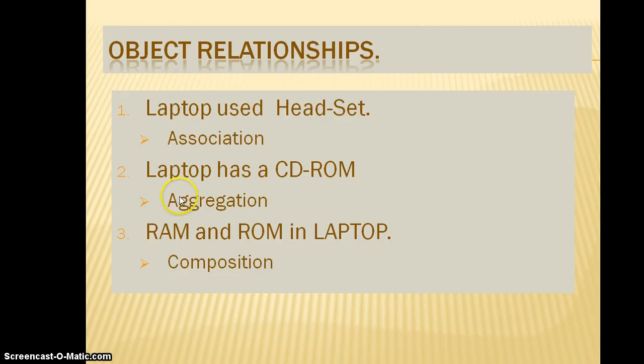Now aggregation. Laptop has a CD-ROM. So nowadays laptop can exist without a CD-ROM, but CD-ROM cannot exist without a laptop or a computer. This type of relationship is called aggregation. So it is a specialized form of association where all objects have their own life cycle, but there is an ownership.